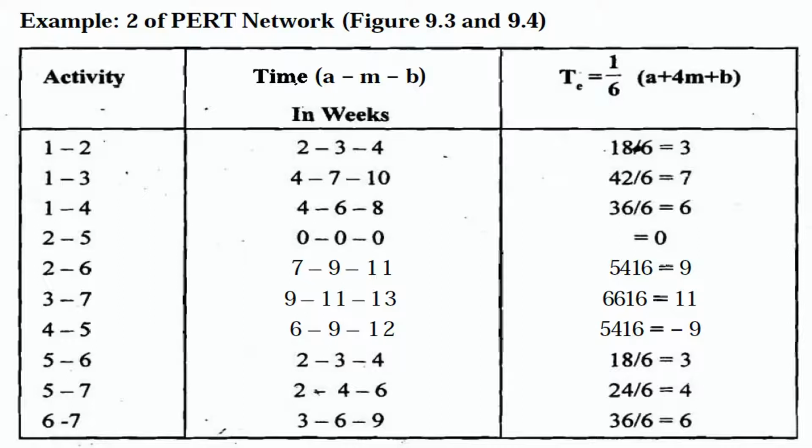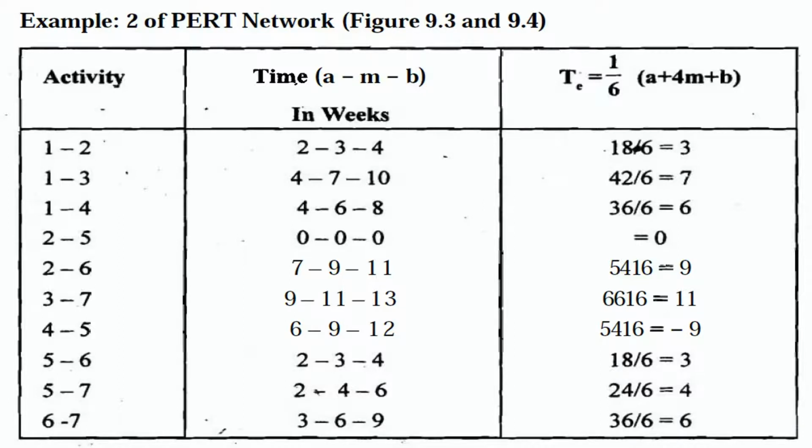M is some sort of average guess. In this particular case, we have used 3, let's say, in weeks, so 3 weeks. And B happens to be the most pessimistic approach, like if something goes wrong, how much time it will take. So we are assuming that it takes 4 weeks in that particular case.